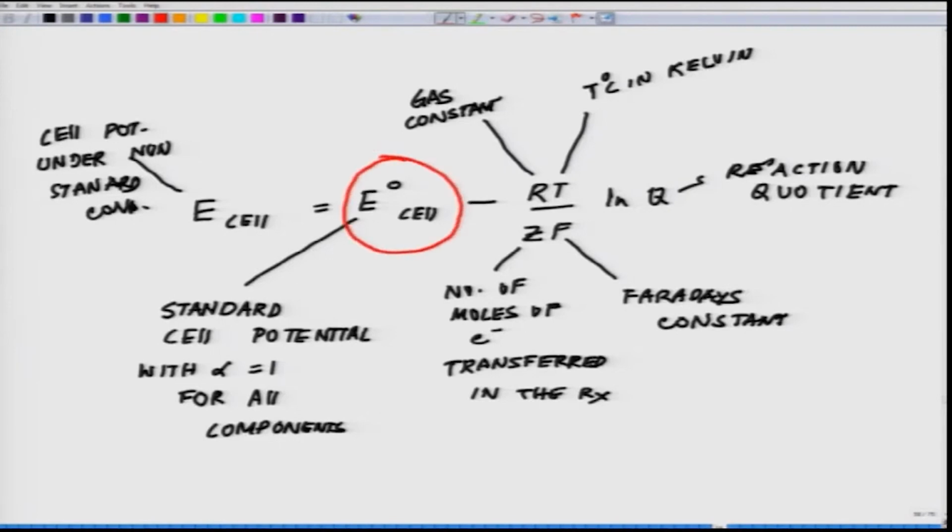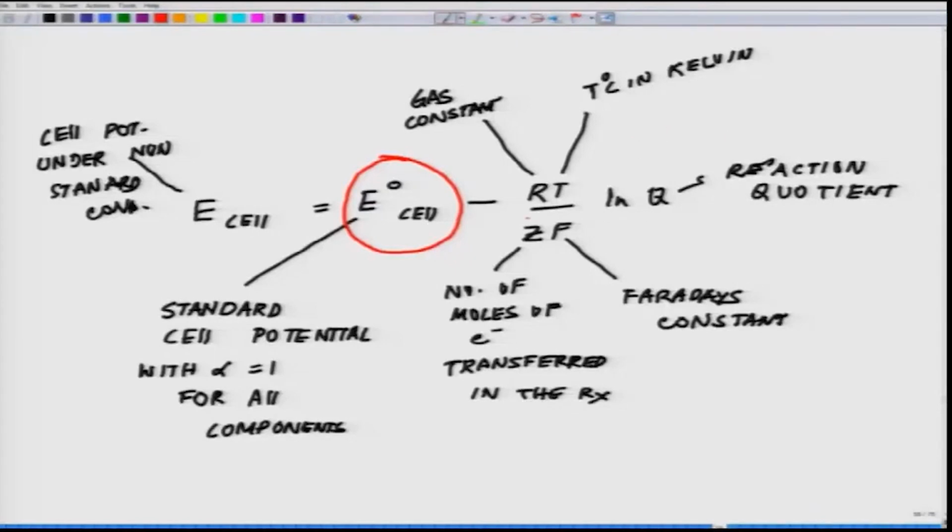You have to measure the standard cell potential using the standard hydrogen electrode, where you assume that the standard hydrogen electrode has a potential of 0, and with respect to 0 you measure it. Second, the varying part is of course the number of electrons, depending on what kind of reactant or analyte is involved. The third part is the reaction quotient.